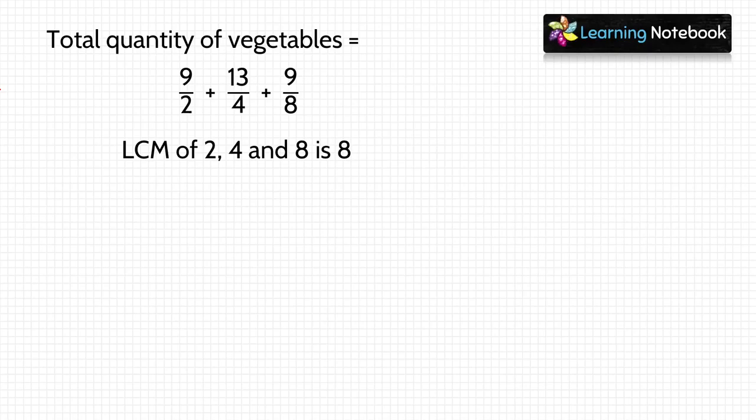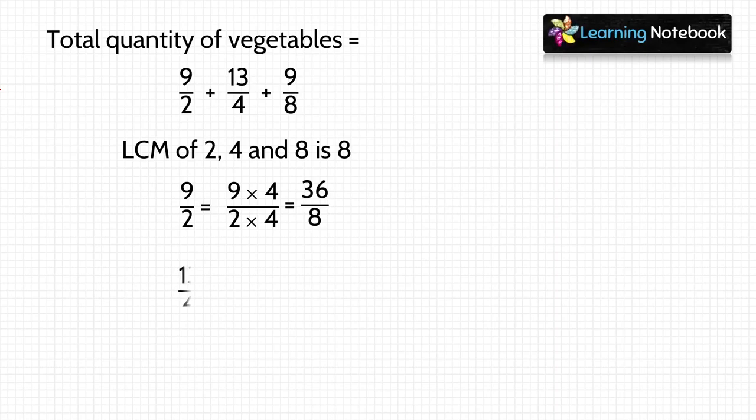So now we will make equivalent fractions with denominator 8. So the first fraction is 9/2. To make its denominator 8, we will multiply both numerator and denominator by 4. We get 36/8.